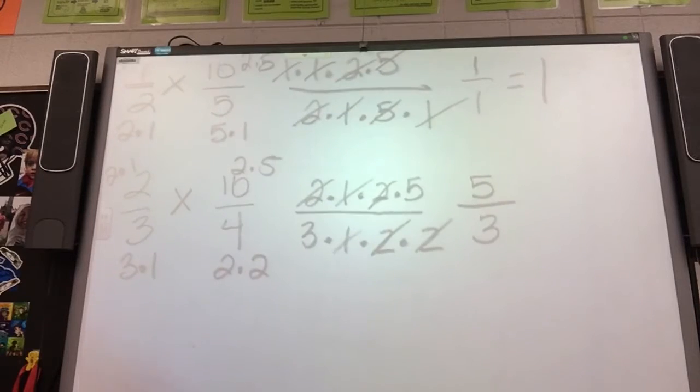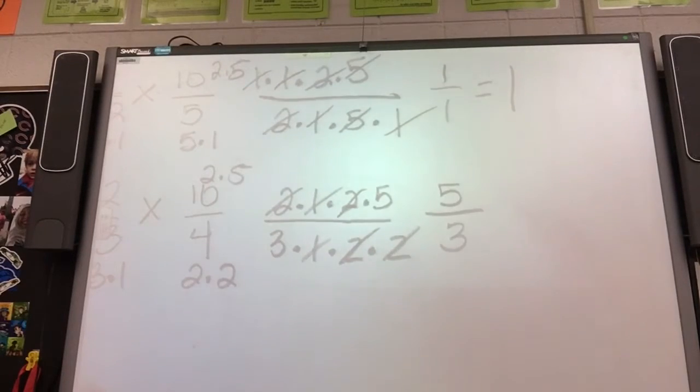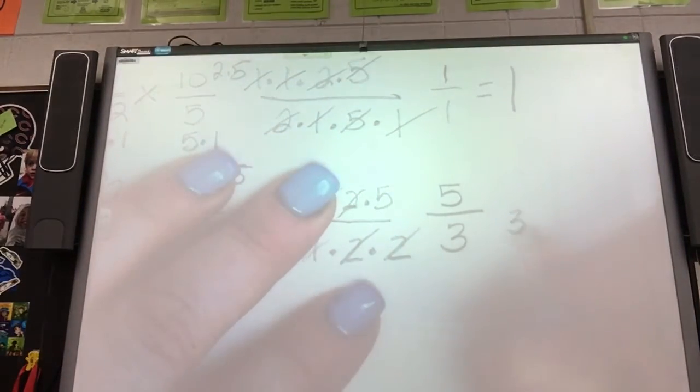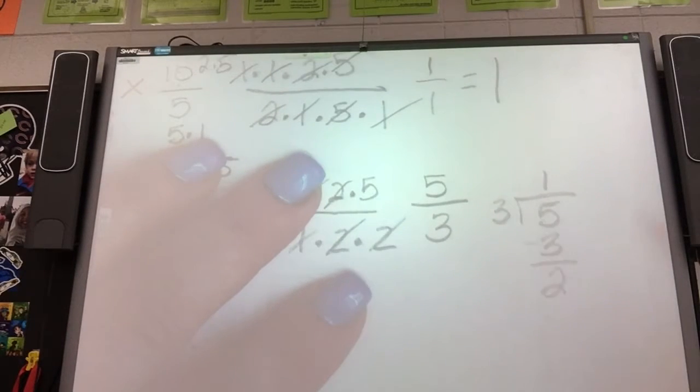So, if we have an improper fraction, how do we make it into a mixed number? We divide it. 3 into 5. Goes once. You get 2 left over, so it's 1 whole, and then follow the clock. 2 over 3.